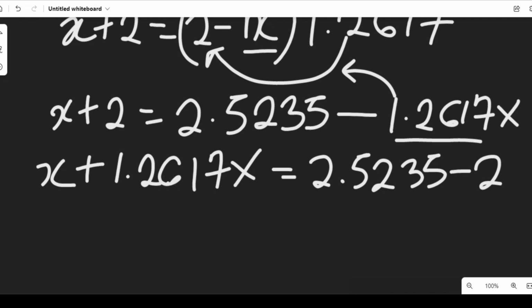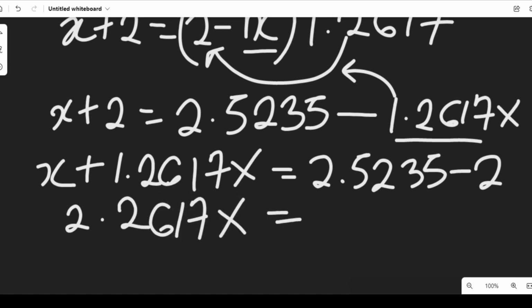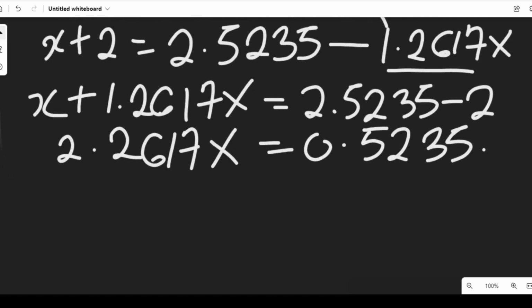This plus this will give us 2.2617x, and this will be equal to this minus this, which gives 0.5235. That's the value we get from our calculator.